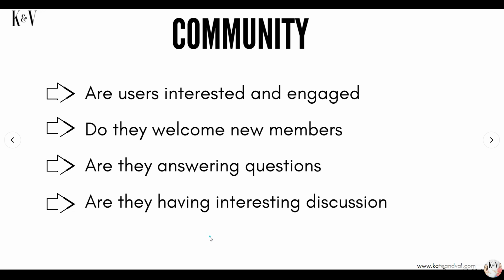So the next one is the community. For the community, you also have to do some kind of stalking and start checking who is behind all this project, who is investing in the project. And you have to go to all the social media again and see how they are interacting with each other. Are they engaged? Are they sharing information, sharing knowledge, and having very interesting discussions?